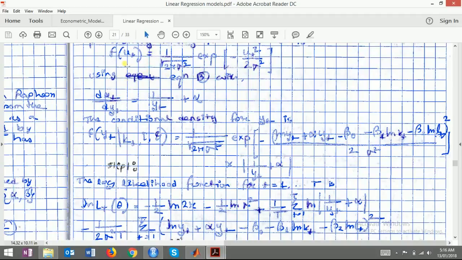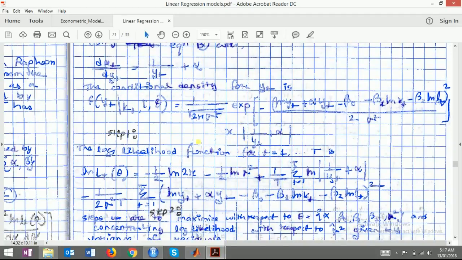This is the transformation of variable: the conditional probability density function f of ut multiplied to the derivative of ut. So that gives you the transformation of variable technique. That's all, nothing else.